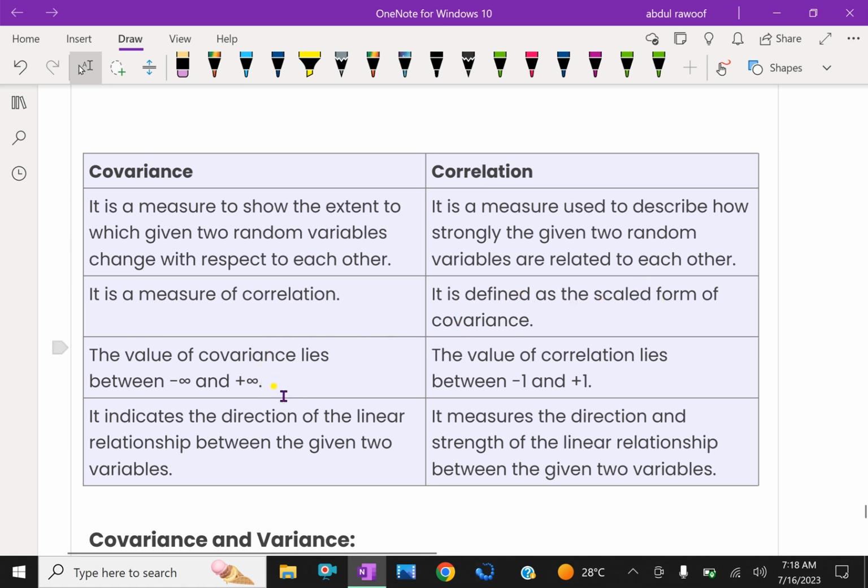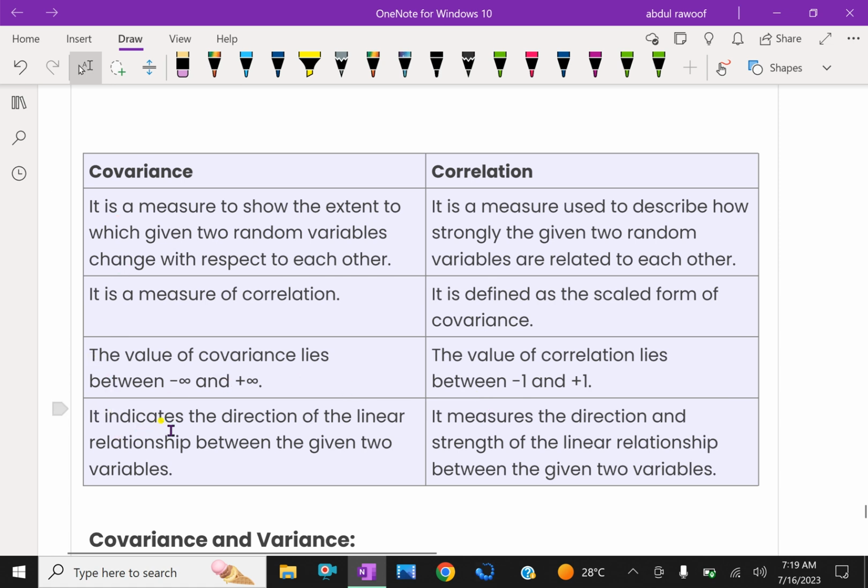The value of covariance lies between negative infinity and positive infinity, so any such values are possible in covariance. The value of correlation lies between negative 1 and positive 1.